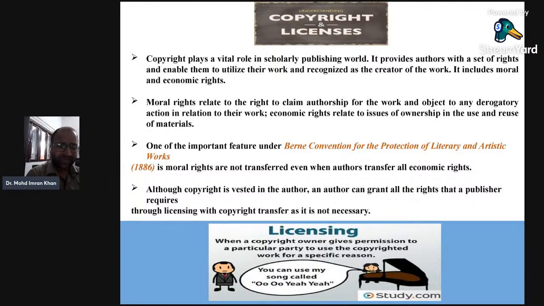You are just transferring the economic rights. Moral rights will always remain with you. You will always be recognized as the author of that work. That work may be published by the organizers in some proceedings or some other form, but obviously the authorship will remain with you. Although copyright is vested in the author, an author can grant all the rights that a publisher requires through licenses, as copyright transfer is not necessary.